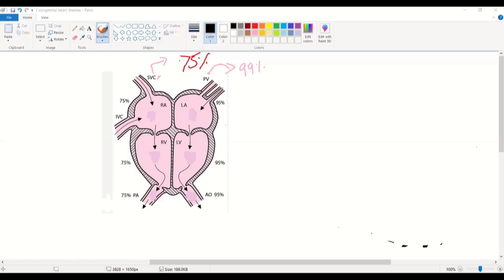Heart disease. Congenital heart disease is divided into two types, right? One is cyanotic heart disease, and the other is acyanotic heart disease.